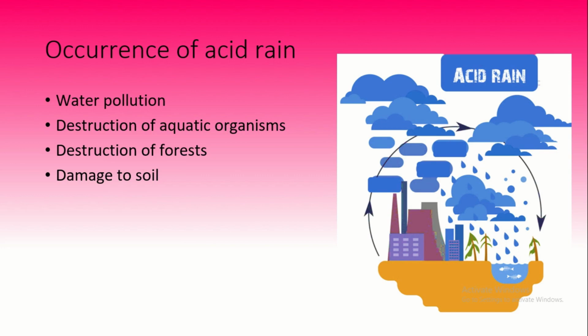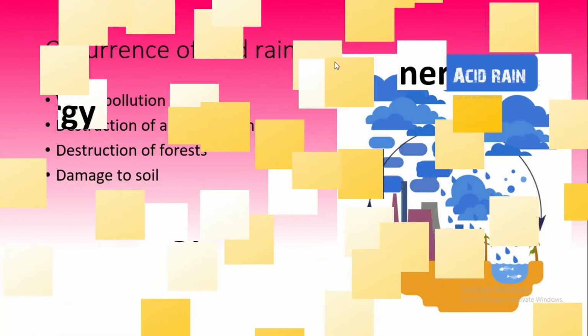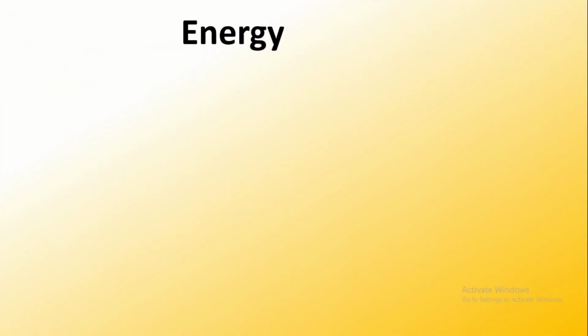Due to acid rain, there may be water pollution, destruction of aquatic organisms, destruction of forests, and damage to soil.